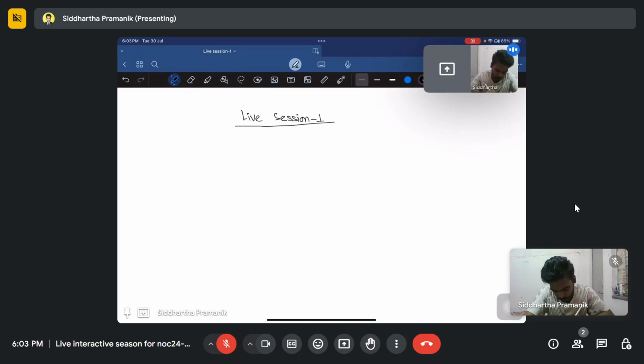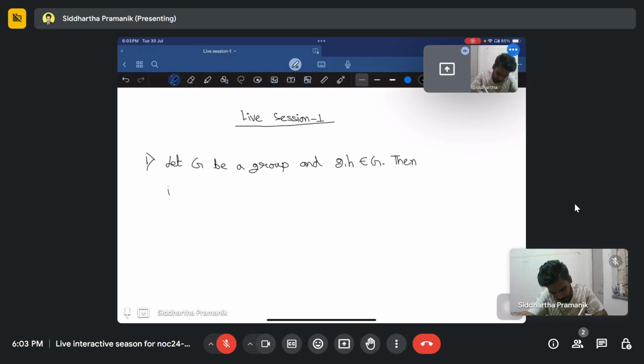Okay, so the first problem is: let G be a group and take two elements, say g and h, from G. Then we have the following results.